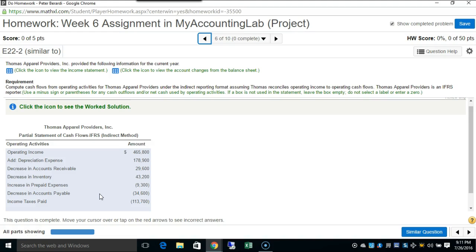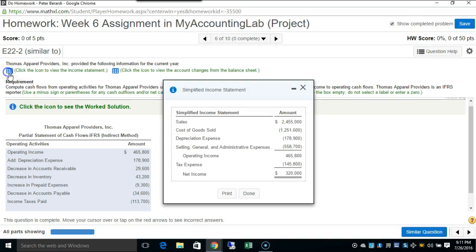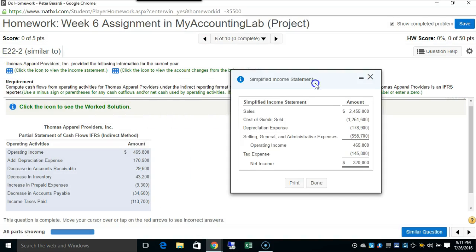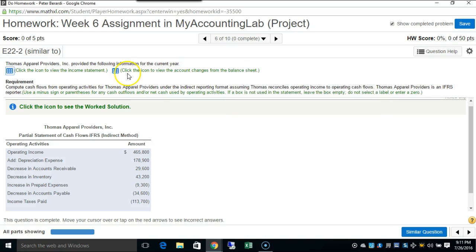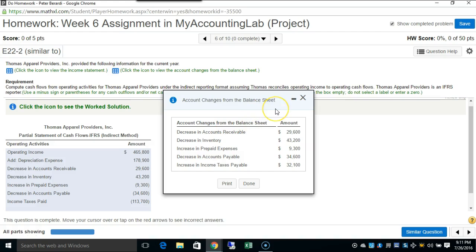So this problem here, problem 6: an apparel company has provided the following information for the current year, information on the income statement and information on the balance sheet.